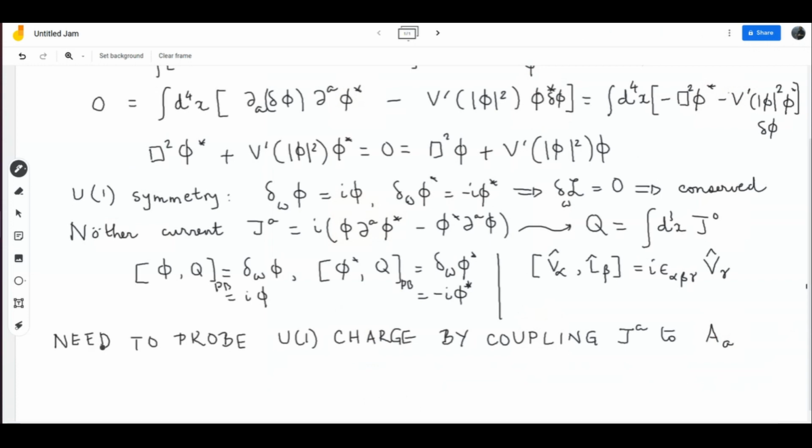But before that, I thought I should introduce to you a new method of writing Lagrangians, and it's called the first order formalism.